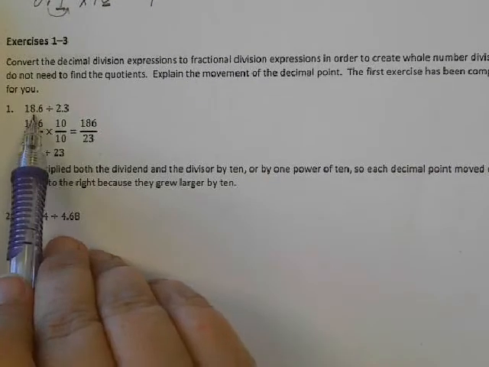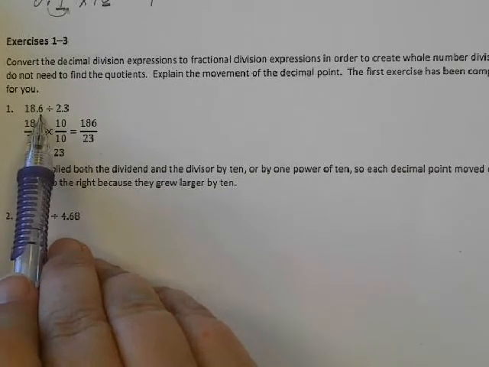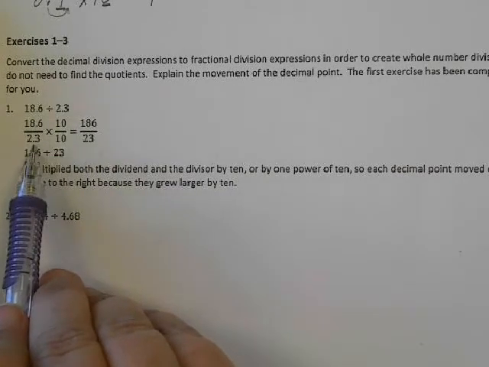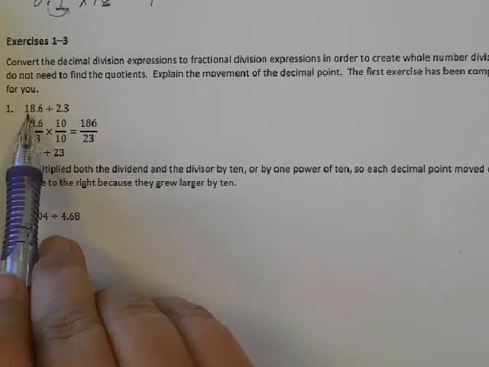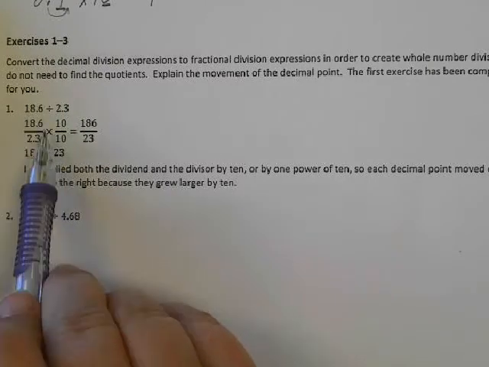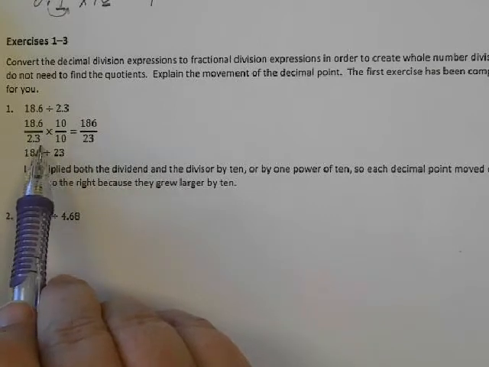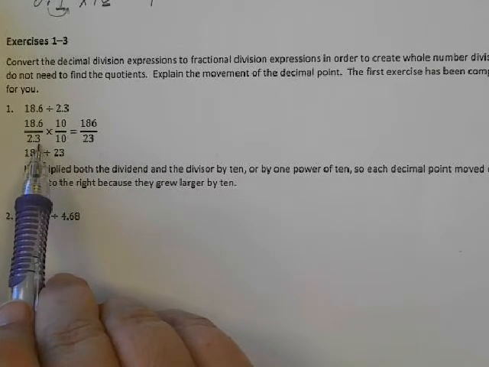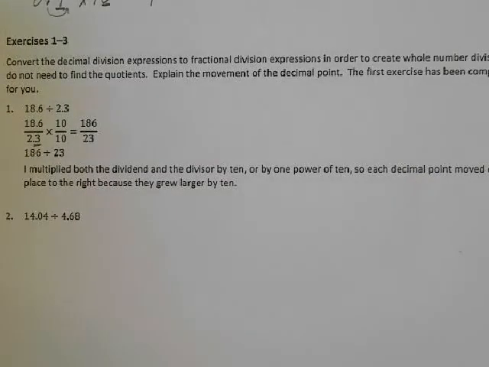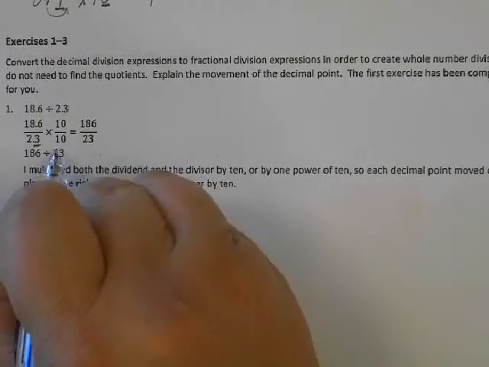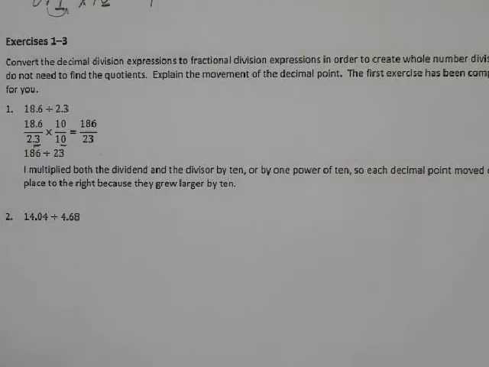So in this one, you can see that they wrote 18 6/10 divided by 2 3/10 as a fraction. So my dividend is my numerator and my divisor is my denominator. And because there was one number past the decimal in the denominator, I multiply by 10.